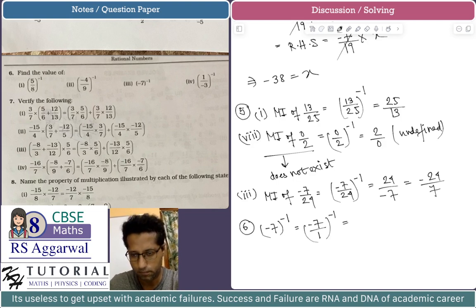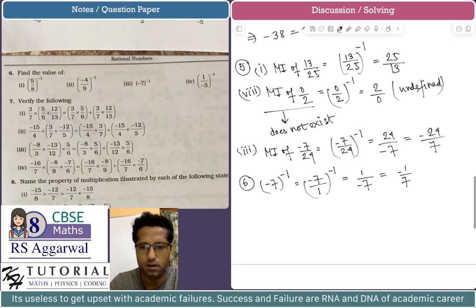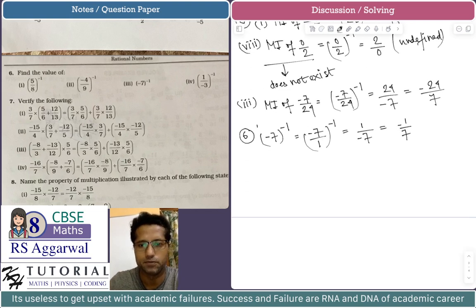Interchanging the numerator and the denominator, it becomes 1 by minus 7. This is not in standard form, so you convert it to standard form so that the denominator is positive, and it becomes minus 1 by 7. Okay, this was part 3.